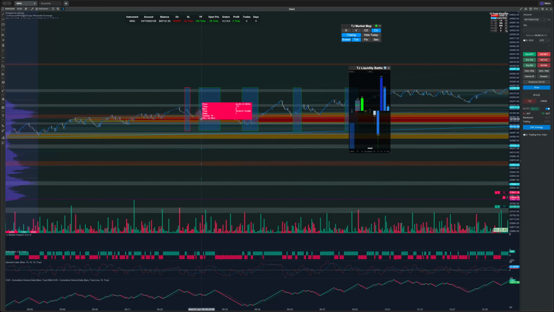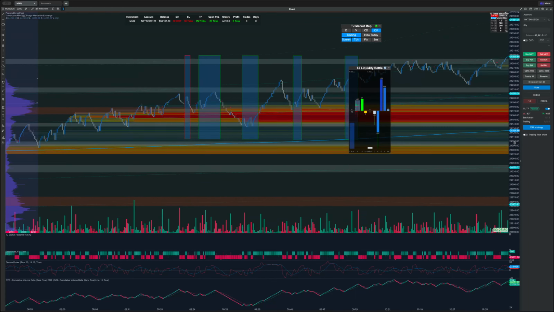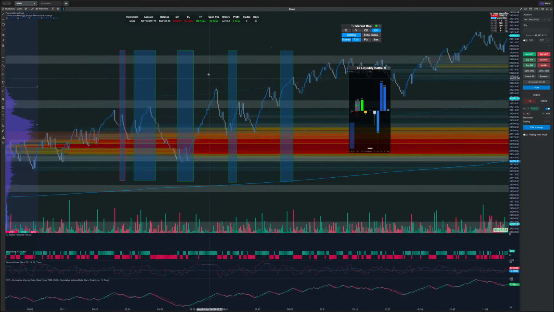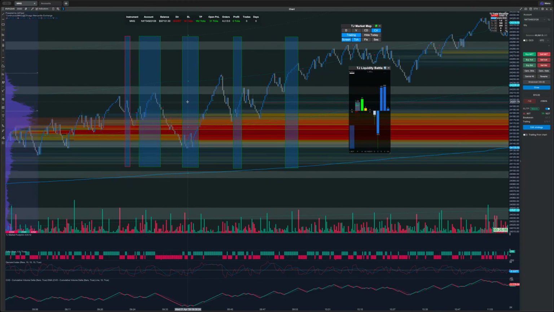With my 100 tick stop loss it would have gone to 170. So that was a loser, it went against me, and I went out with minus 75 ticks.